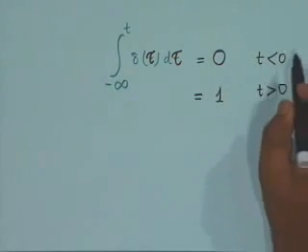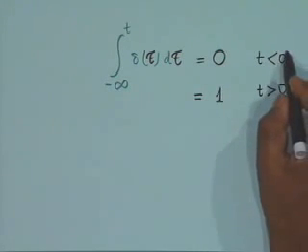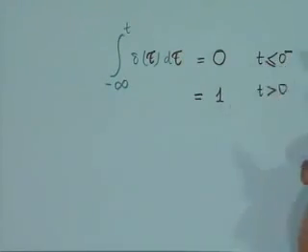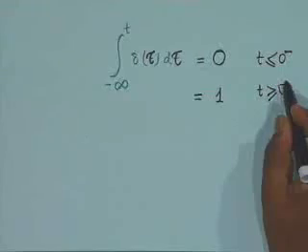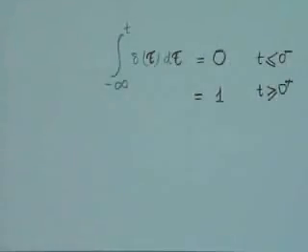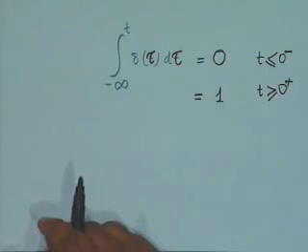So we say if t is less than or equal to 0 minus, that is, it has come very close to 0, but it has not quite reached 0, the value is 0. On the other hand, if t is greater than or equal to 0 plus, that is, it has reached 0 and exceeds 0, then the value is unity.